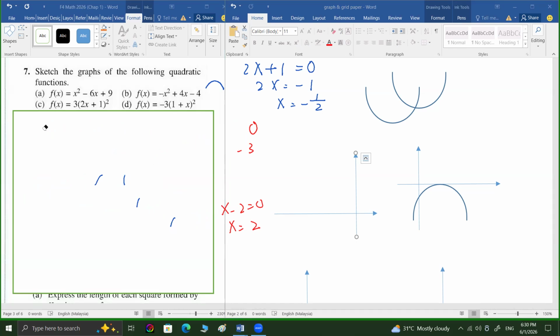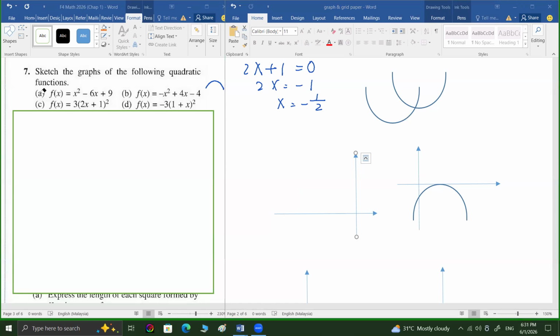Okay, class, I ask you one question again. X-intercept, I said for x-intercept, y is always 0? Y-intercept? Yeah, so x is 0, right? Okay, now x-intercept, y is 0. Y-intercept, x is 0?